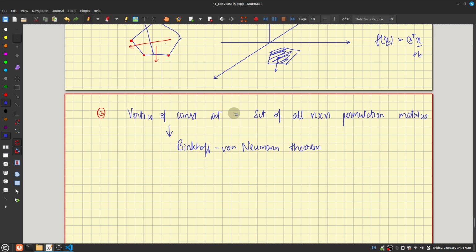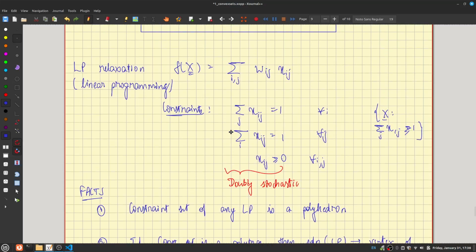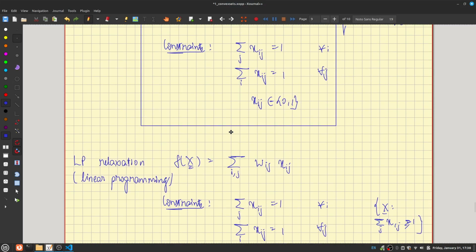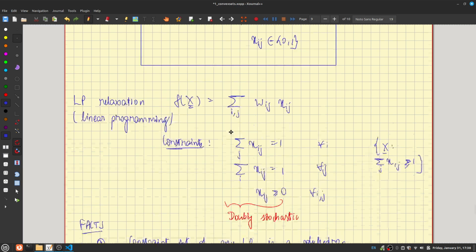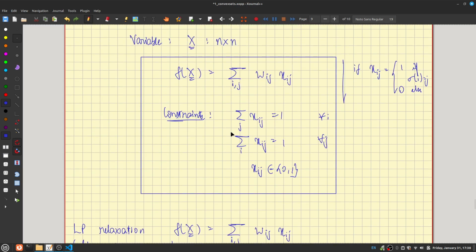So for this combinatorial optimization problem, I can solve this by just a simple linear programming relaxation. As it turns out, the computational complexity is just linear in n for this particular linear program. Whereas the brute force combinatorial approach would require n factorial complexity.